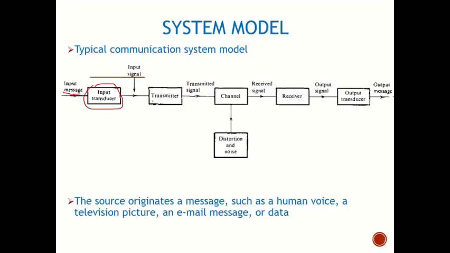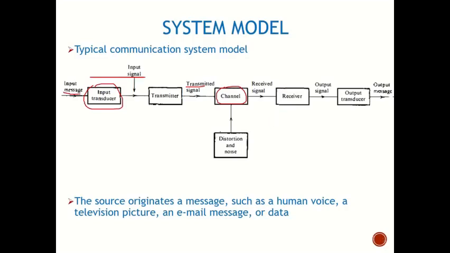That carrier is generally of a high frequency, and some property of the carrier is modulated, for example amplitude, phase, or frequency, as we have discussed separately in other videos. Then that modulated signal is transmitted over the channel. The channel could be wireless, or a wired channel, a fiber, or anything like that.